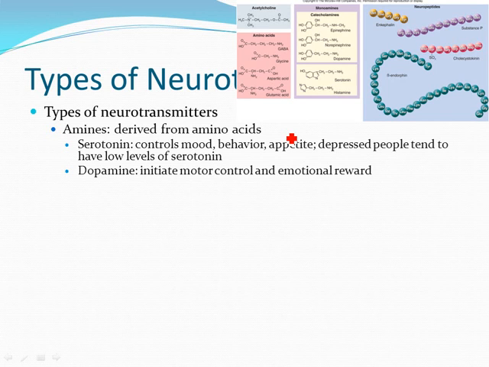And that will help them initiate those motor controls. If you remember Parkinson's disease, they struggle with initiating certain types of motor control. So having increased amounts of dopamine through medication may help them. And the reward center is also really important as well.